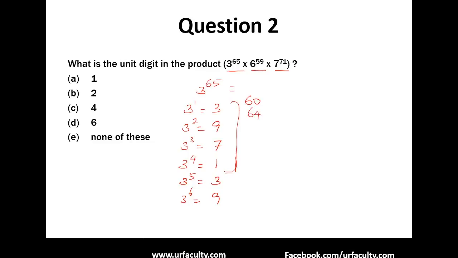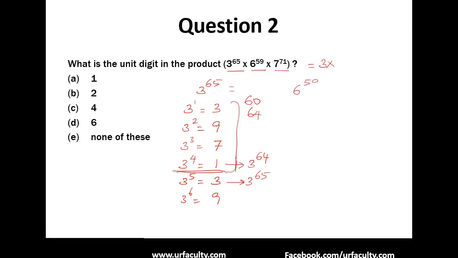Then we have 64, and then 65. So 64 is 3 to the power of 64, and then this is 3 to the power of 65. So we know that the units digit of 3 to the power of 65 is 3.